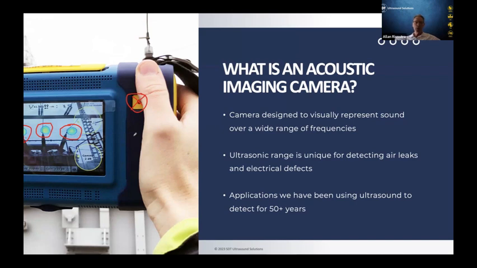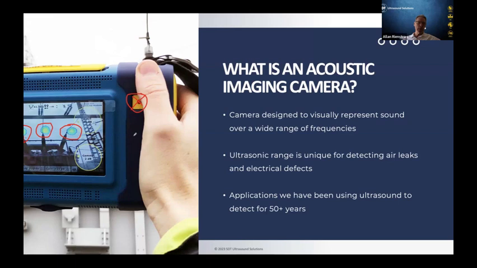We use acoustic imaging cameras for two primary applications. One is compressed air leak detection in your plant, and the second is for high voltage transmission and distribution lines. Those big power lines that are 600 kV running out of Darlington and Pickering and Bruce, we can scan all along those lines and hear where line bushings might be losing some of their insulation properties.